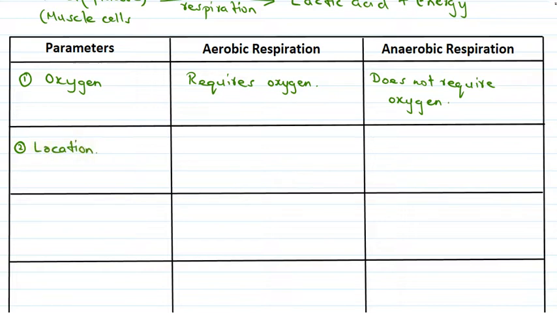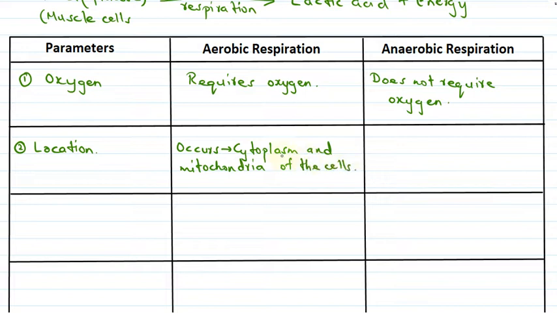Okay, then the second parameter is location. So here we can say that aerobic respiration occurs in cytoplasm and mitochondria of the cells.